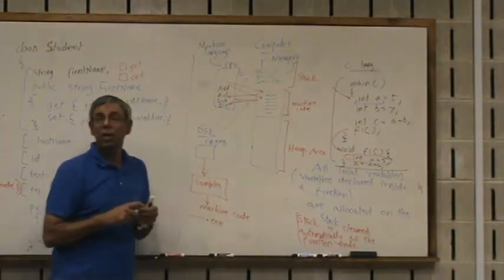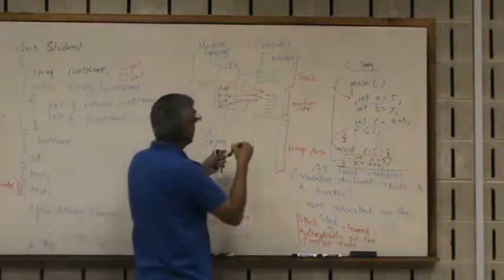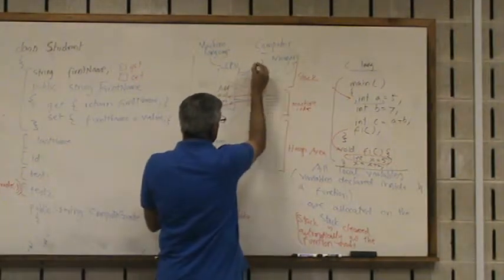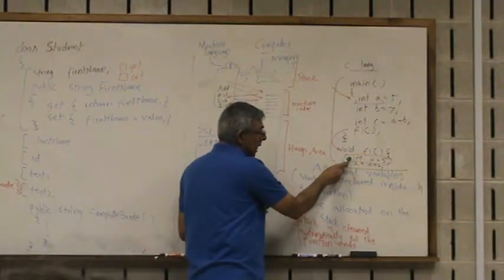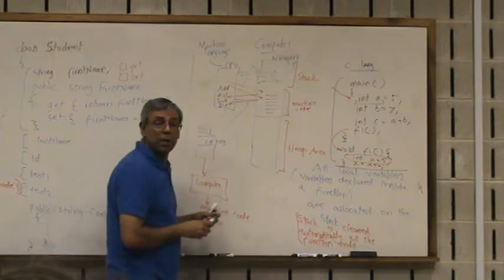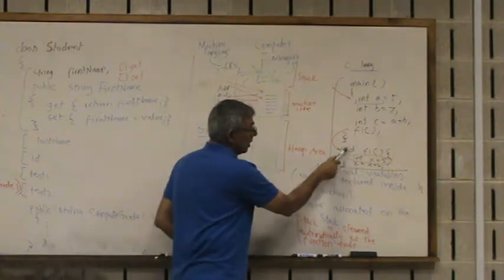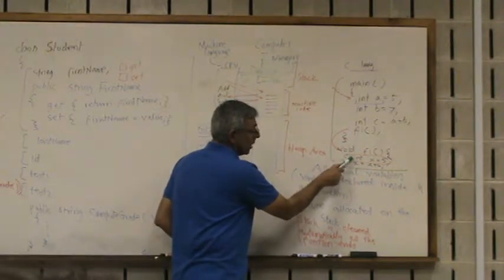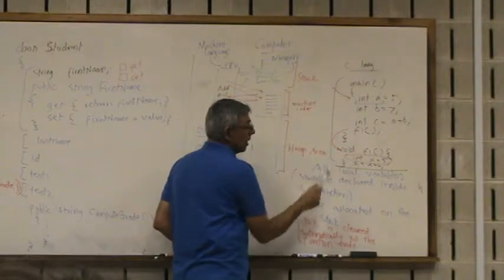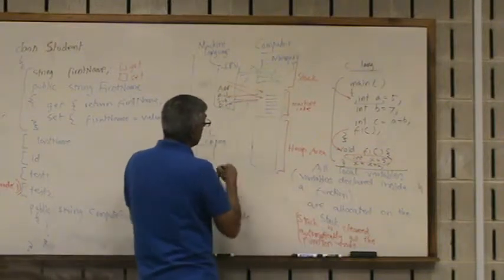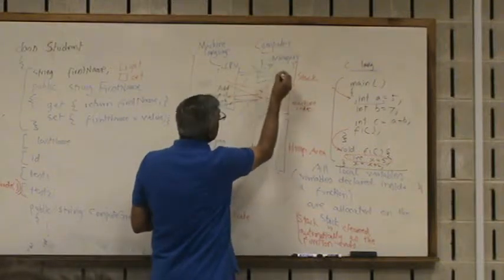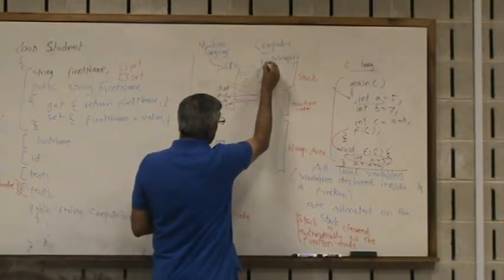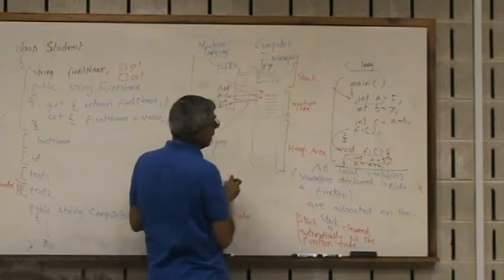Allocate memory for X. So the X will be allocated somewhere in the stack area. Why will it be allocated in the stack area and not the heap area? Because it's a local variable. It was declared inside this function. Then x equal to x plus 2, so it will put 5, then it will change 5 to a 7, right?